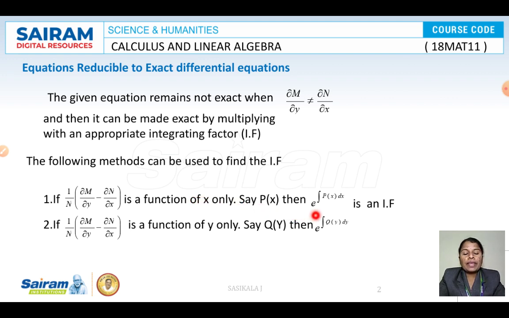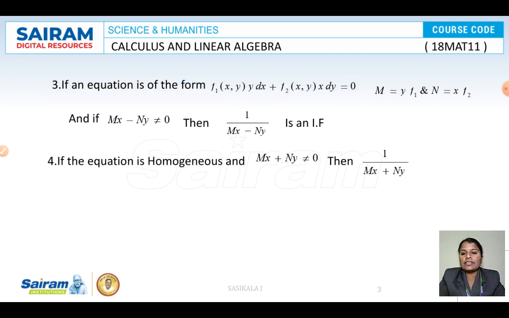Then e power integral p of x dx is an integrating factor. When it is near to M, you divide by M: 1 by M of (∂M/∂y minus ∂N/∂x) is a function of y only. So we say q of y, then e power integral q of y dy is your integrating factor.